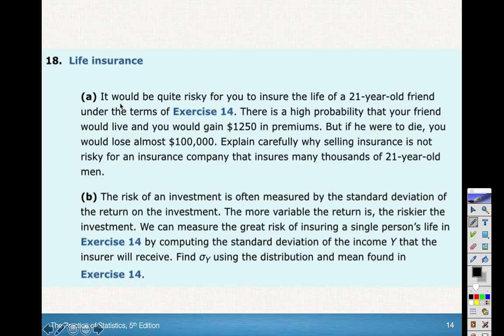Follow-up questions. It is quite risky for you to insure the life of a 21-year-old under this example. There is a high probability that your friend would simply live to 26 and you would only make the $1,250. But if he were to die, you would lose almost $100,000 as an insurance company. Explain carefully why selling insurance is not risky.